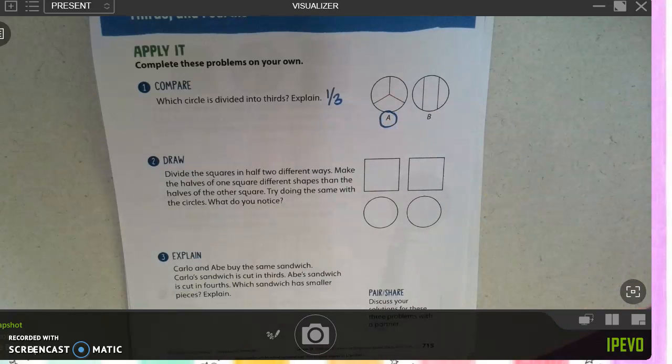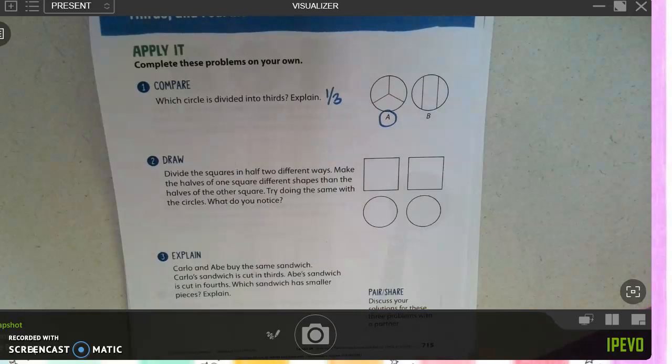Why is it circle A and not circle B? Because circle B is also divided into 3 sections. Circle A is divided into 3 equal parts, whereas circle B is not in equal parts.